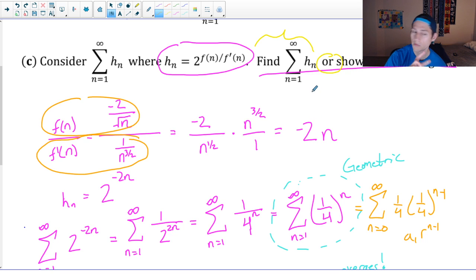So then if I want to flip that and do f prime over f, well, then it would just be the reciprocal of negative 2n.